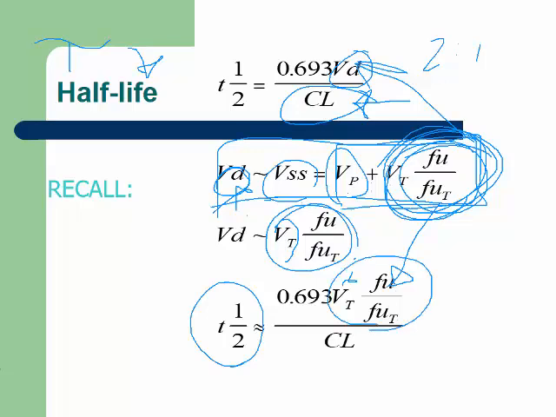There's our volume, and here's our clearance. So will you buy that? Are you good with this? So we can really have a good idea. We can put in here really what determines our volume of distribution as part of our half-life. Okay, we're going to need this going forward, so I just wanted to go over that idea quickly.